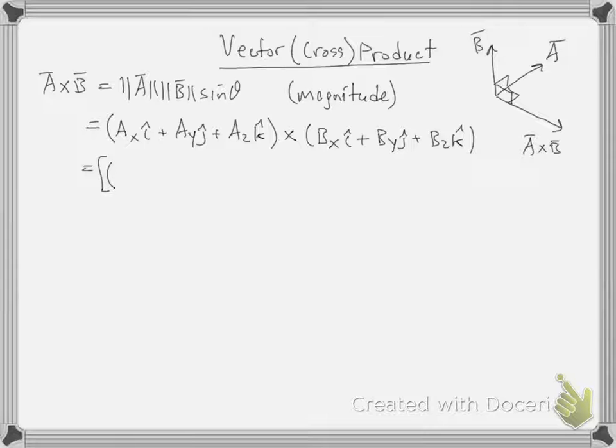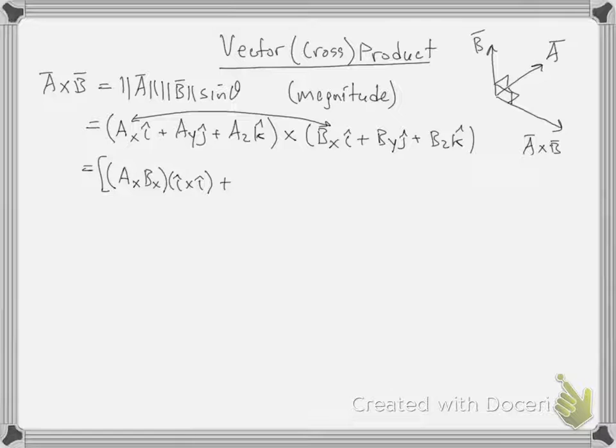The first term is, you'll take the first term of A and cross it with the first term of B. What I mean by that is you'll take the magnitudes, AX, BX, but then you'll also need to take along their unit vectors. So in both of those terms, it's I hat, and because we're crossing, it's crossed with I hat. So that's the first term.